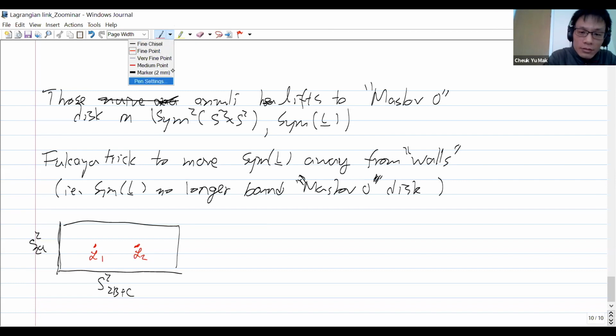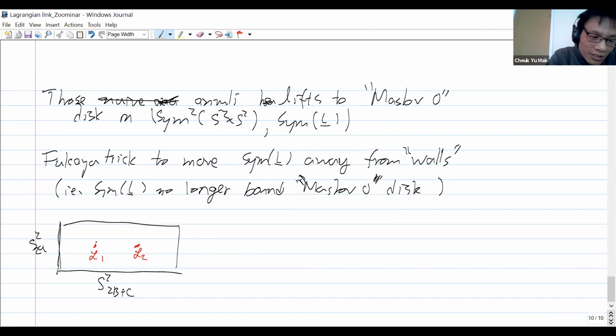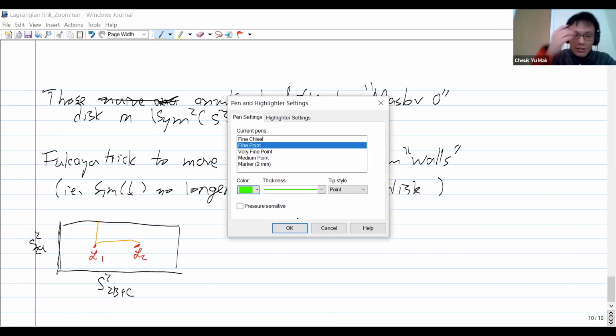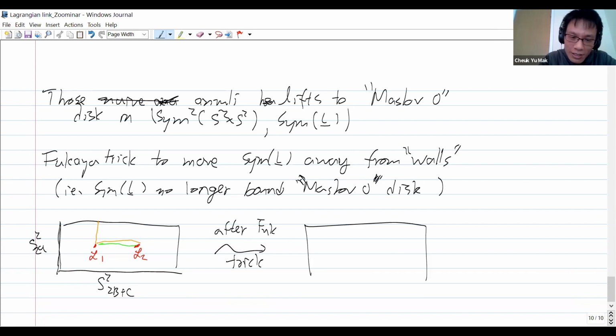The annulus that we want looks like this. If you perturb it a little bit, they will merge to become an annulus. And the annulus that we don't want looks like this. So after applying the Fukaya trick, what it looks like is the following.